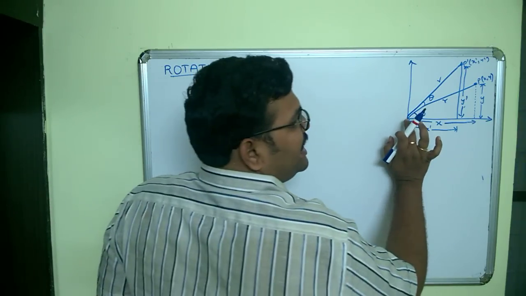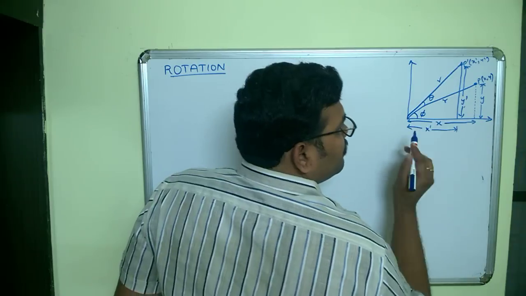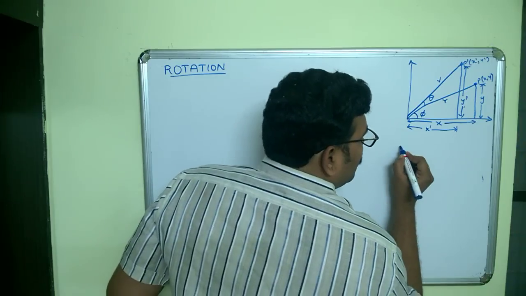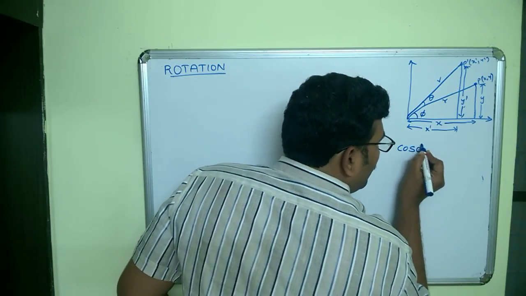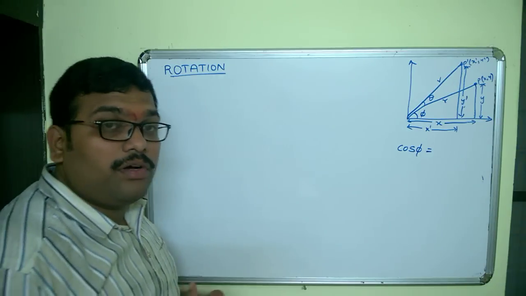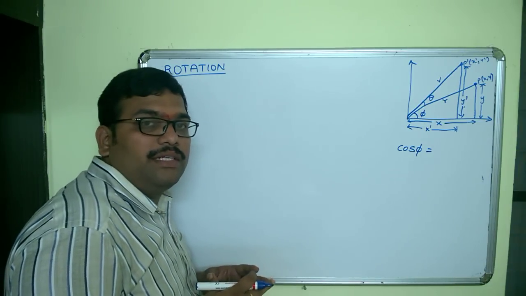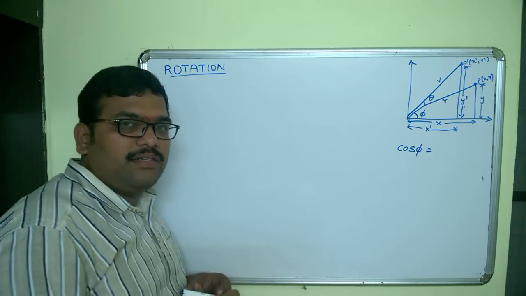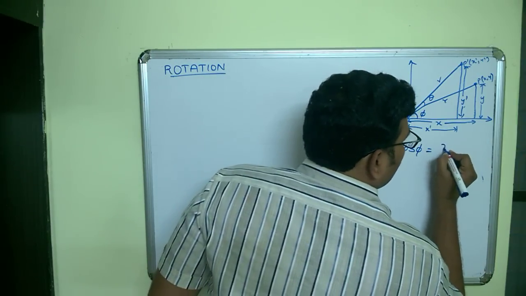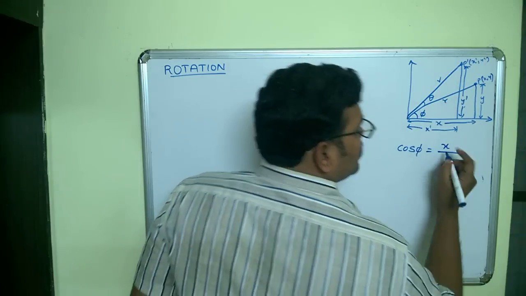With this, first, cos phi is equal to, as we know, the adjacent side by the hypotenuse. Adjacent side means x, hypotenuse means r.